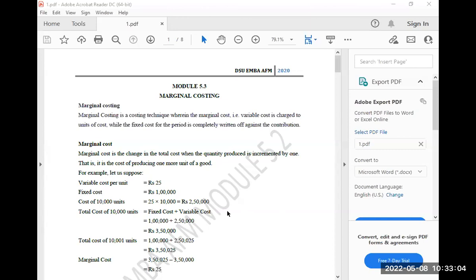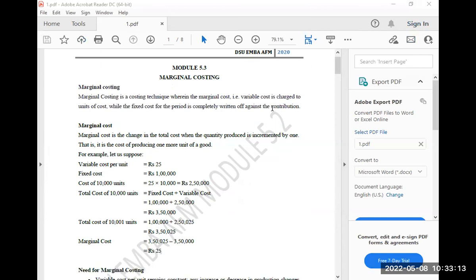Is another PDF file visible to you? Yes, sir. Okay. So this is marginal costing.